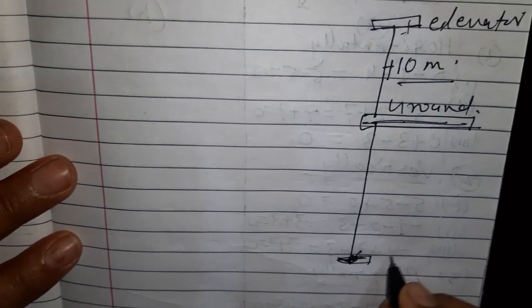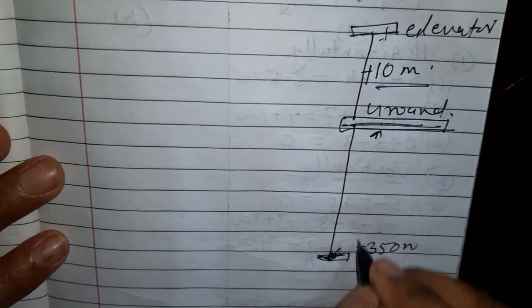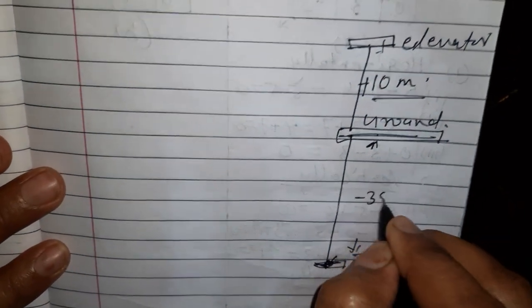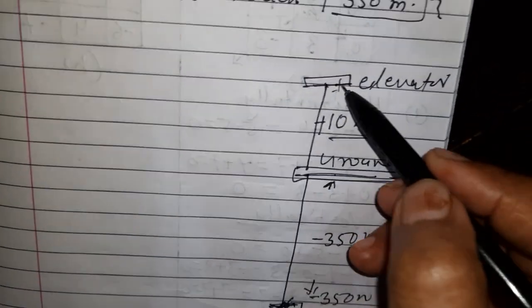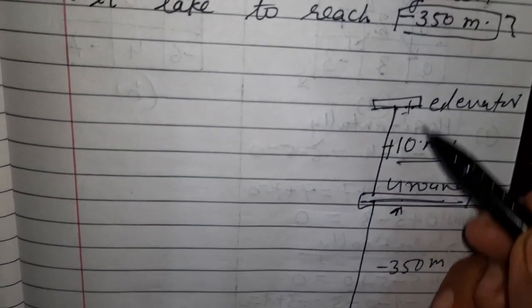Minus 350 somewhere here means below ground. So suppose here it is minus 350 meter. Here to here it is minus 350. Okay, so first find the total distance from here to here, means from 10 meter above ground level to below the 350 meter.